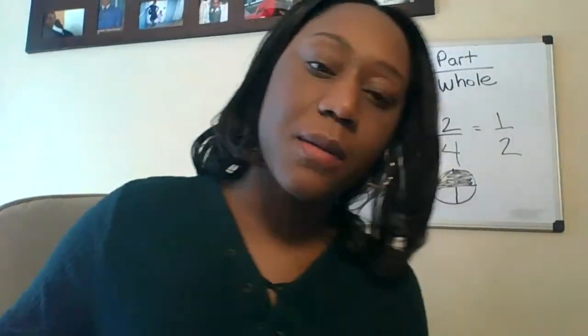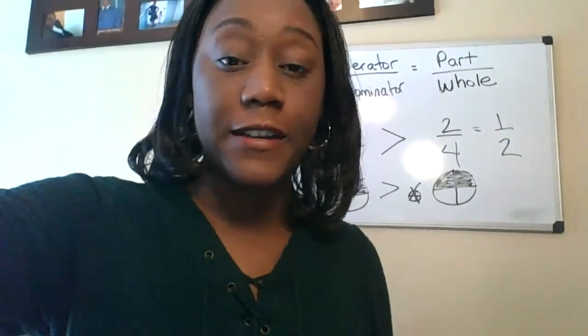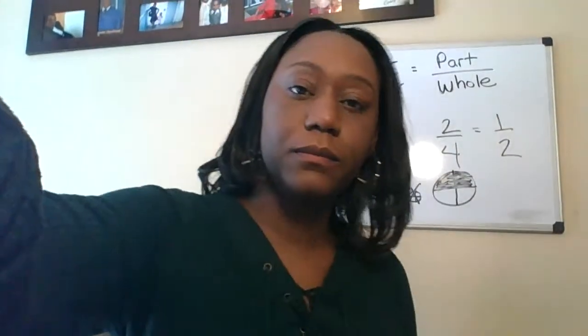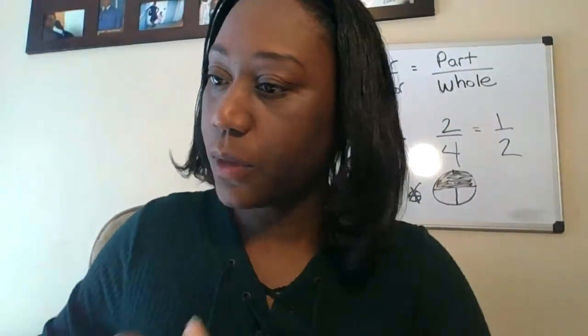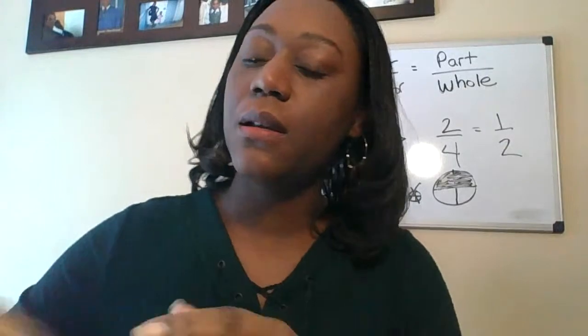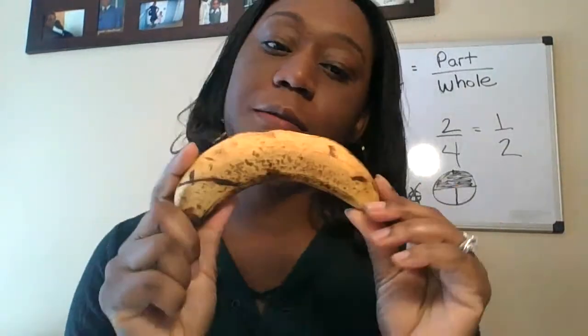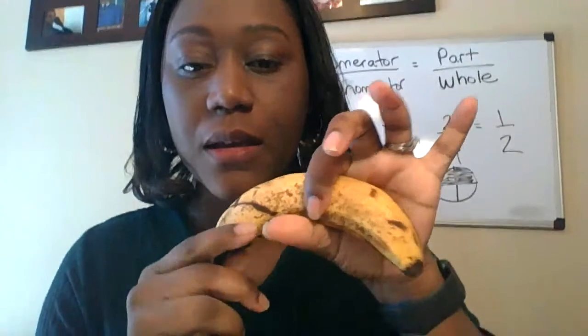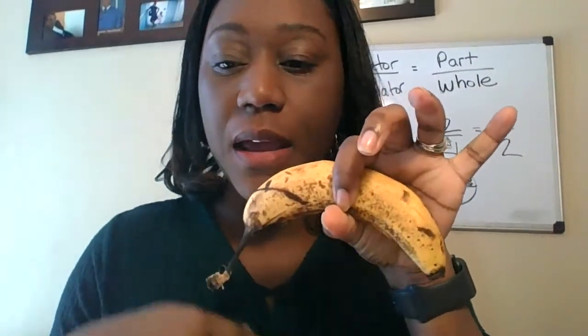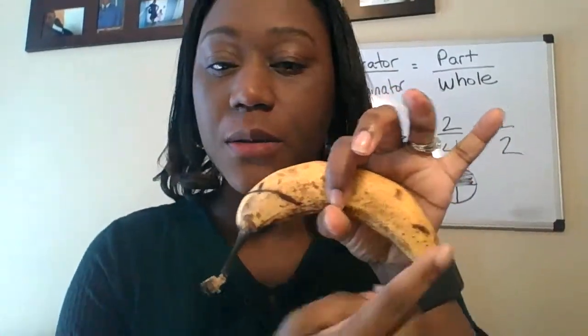Now, let's talk about when the denominator is different. All right, I have a banana here. If I only shared the banana with me and Brian, he will get half and I will get half. The denominator is what?